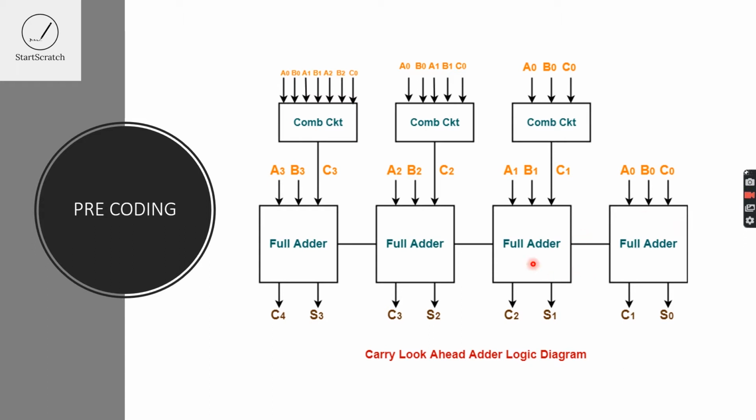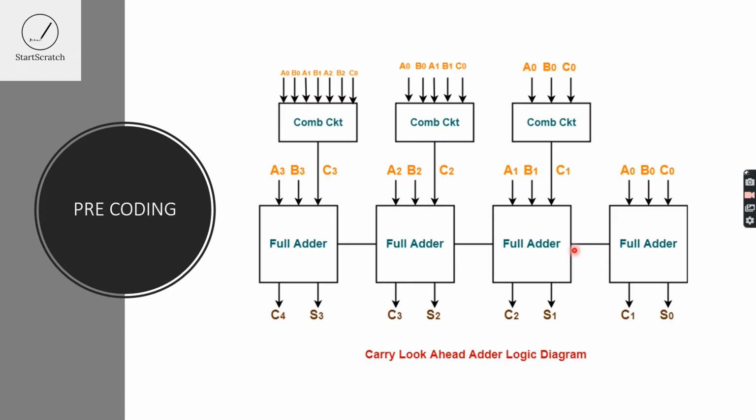Now, coming to the ripple adder, it has 4 full adders like you see here, and it won't have these 3 combinational circuits. In place of them, you simply get an input here.